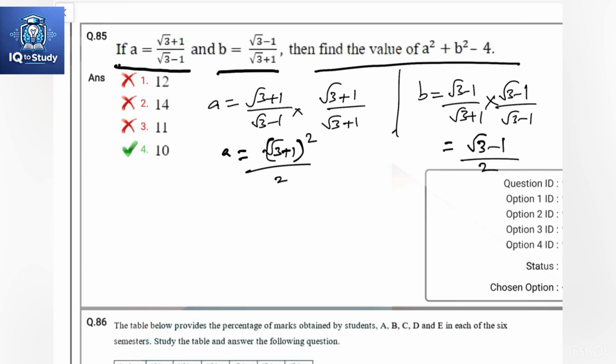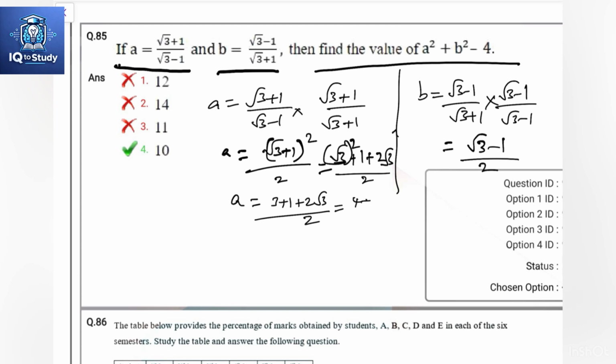A plus B whole square is equal to A square plus B square plus 2AB. So A is equal to 3 plus 1 plus 2 root 3 divided by 2, which is equal to 4 plus 2 root 3 divided by 2, that is equal to 2 plus root 3.